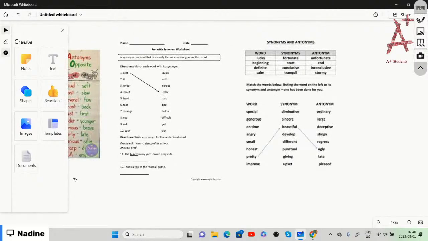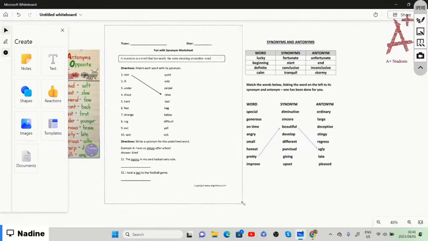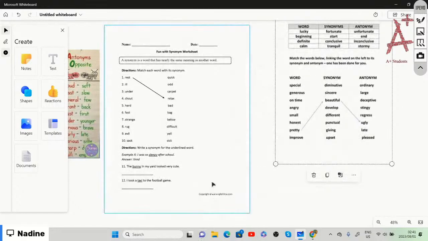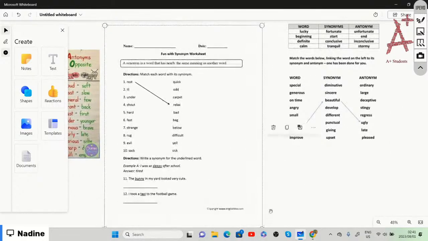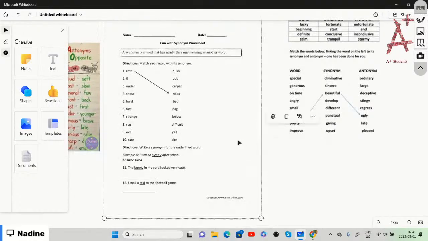So now in our first activity, what we're going to do is match each word with its synonym. So we'll have the word on the left hand side and we are going to match it with the synonym on the right hand side. All right. The first one is already done for us, right? Which is rest. And the synonym of rest, or another word for rest, is relax.